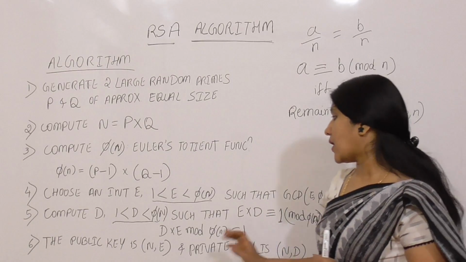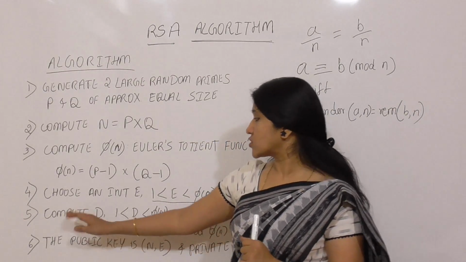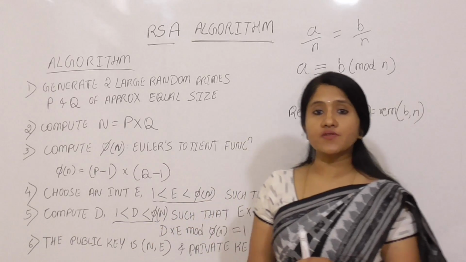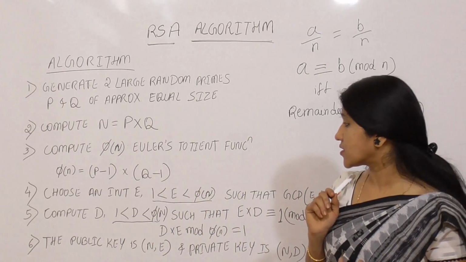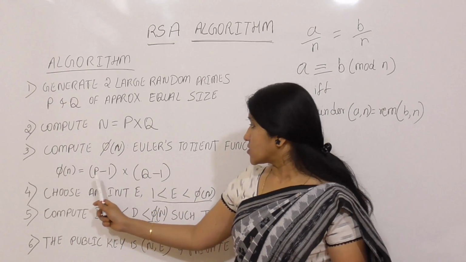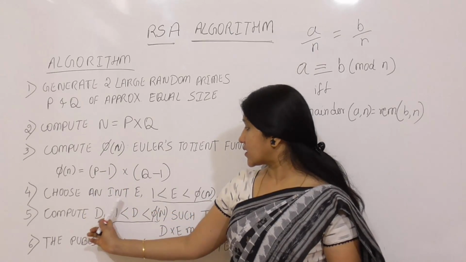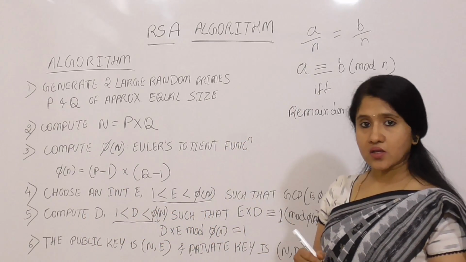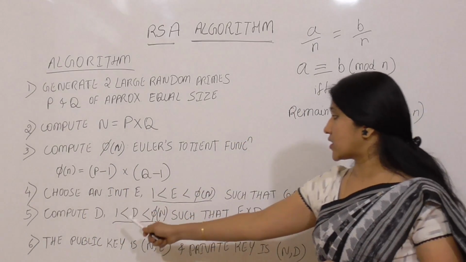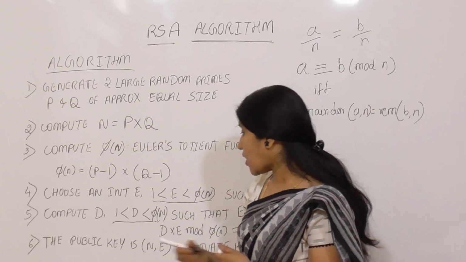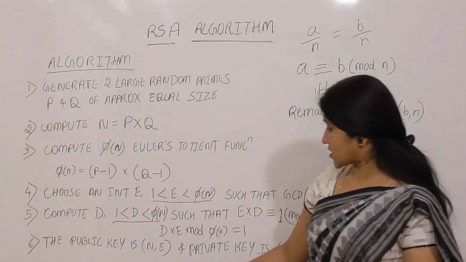Okay. And then the public key, so till now what have we computed? We have computed the encryption and decryption keys, right? So we have computed E and then D, the components of the encryption key and the decryption key. Now the public key, what do we consider it as?